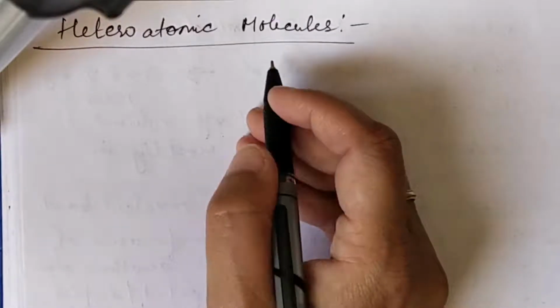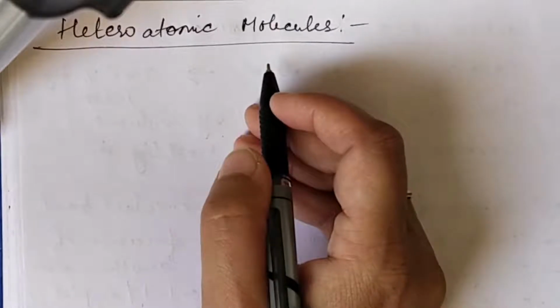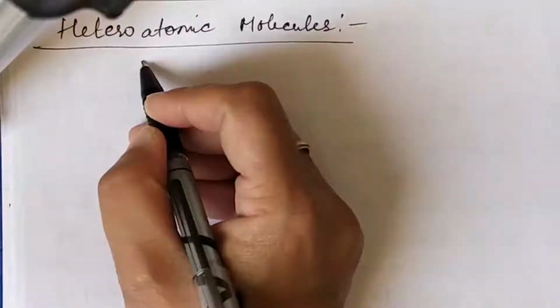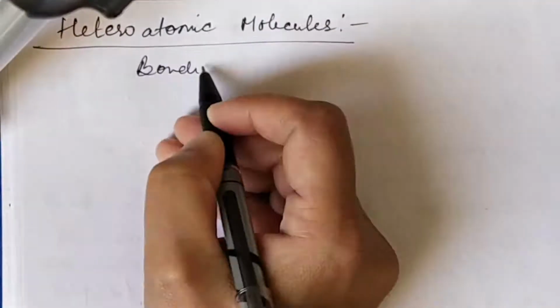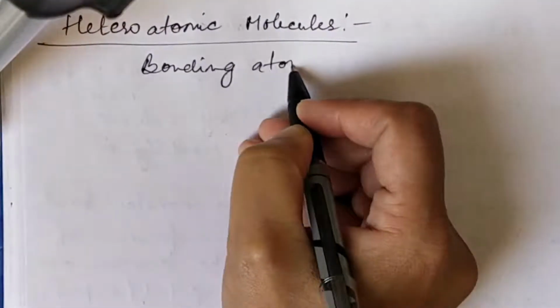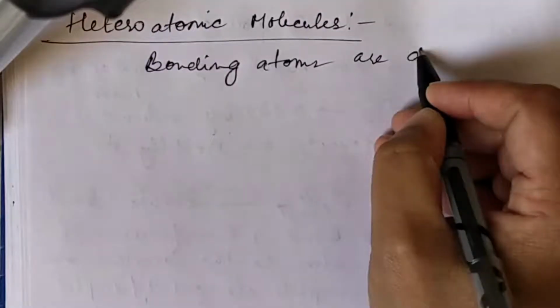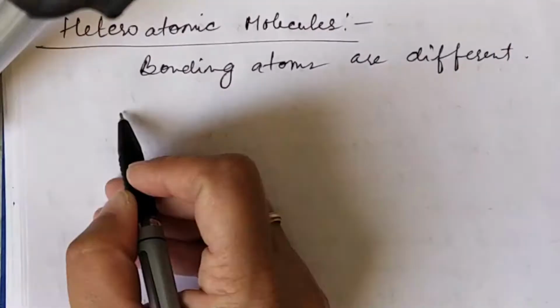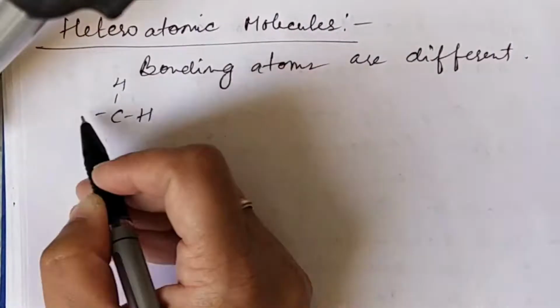Are you getting the point? In which the bonding atoms are different. Is it okay? As we have already discussed the example of methane molecule.